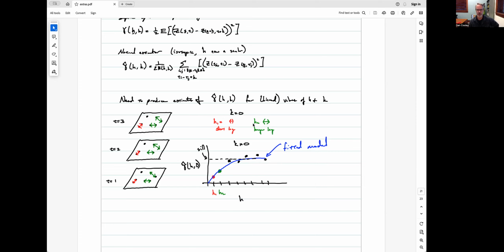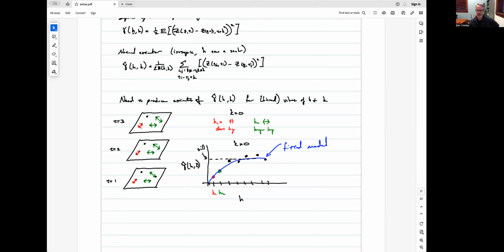If h2 is a little bit longer, maybe I've got this pair and that pair, but of course I can use all of those pairs across time to estimate. And so what we would get is something very familiar to us. We take all of our red pairs and get a red dot. We take all of our green pairs and get a green dot. We get dots for various lags up here.